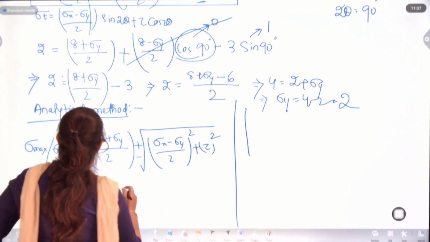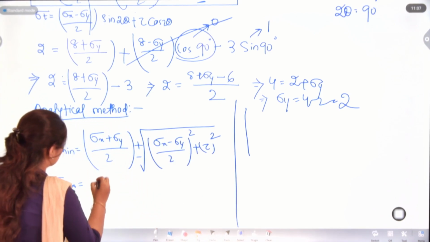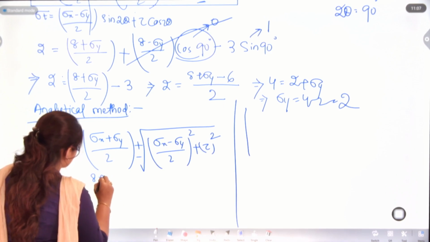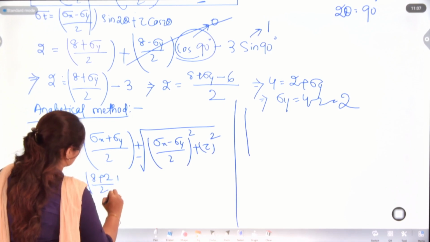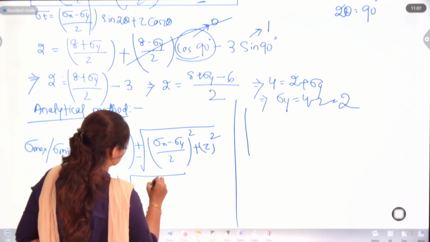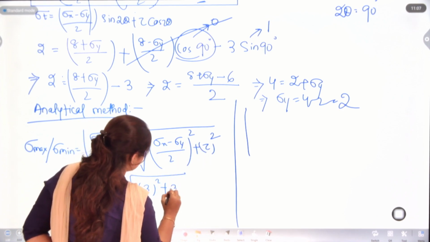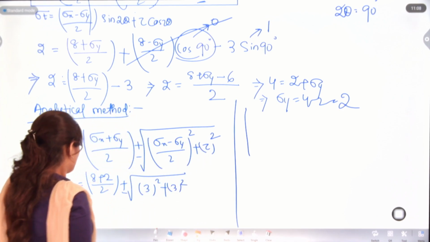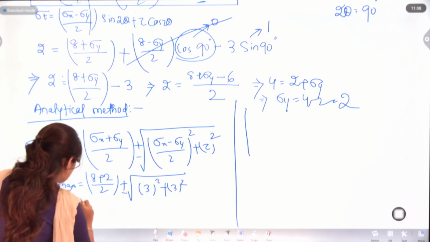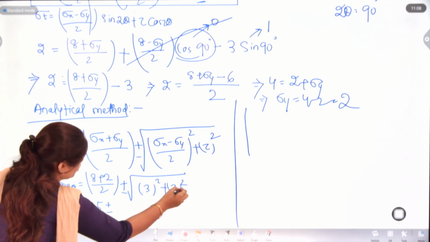Sigma x is 8 plus 2 by 2, plus or minus root of 8 minus 2, that is 6 by 2, 3 square, plus tau is also 3 square. So, it is 10 by 2, that is 5, plus or minus root over of 9 plus 9, 18.